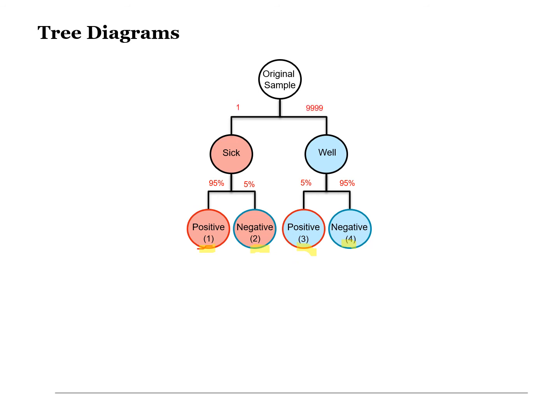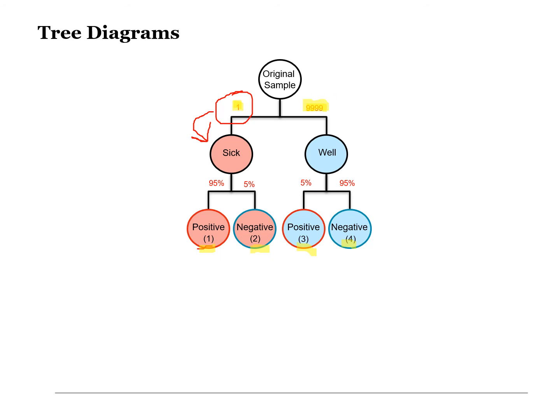So we've got 1 and 9,999. Now, if you're wondering where these two numbers come from, they come from the base rate. And remember, the base rate was that 1 in 10,000 people are sick. So if we start with 10,000, 1 will be sick and will be in this node.